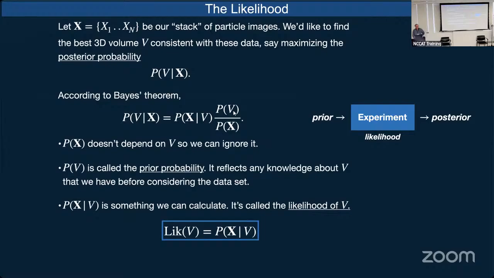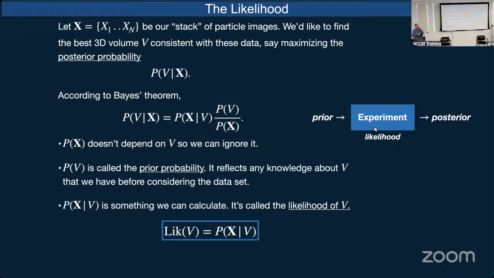So we know how to compute this, as we'll see in a minute, but what is this? This is what statisticians call the prior probability. That is, before we do the experiment, this represents what we know about what is a reasonable and what is an unreasonable 3D volume that we're trying to discover. So the idea is we have some prior information, and then we do our experiment.